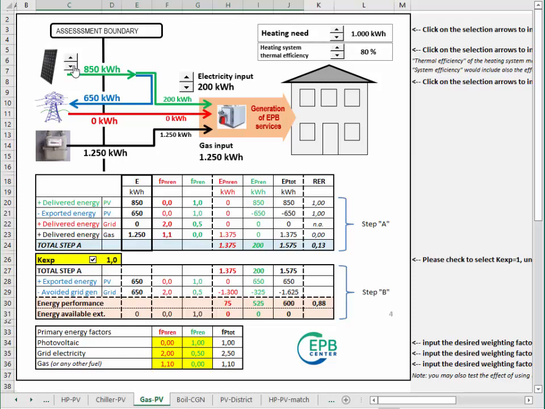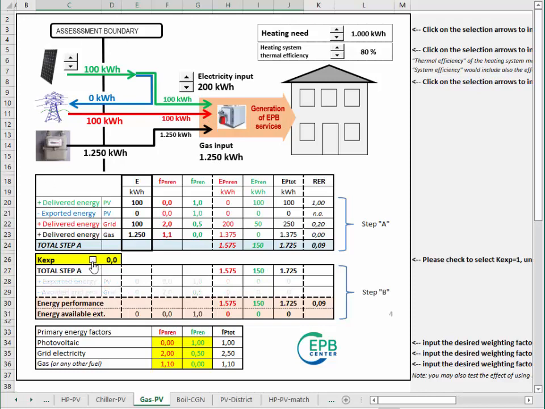If there is no contribution by the PV panels, then the system is quite simple and we are just summing amounts of delivered energy. Now, if we increase the contribution of the PV panels, they will contribute to the auxiliary first.